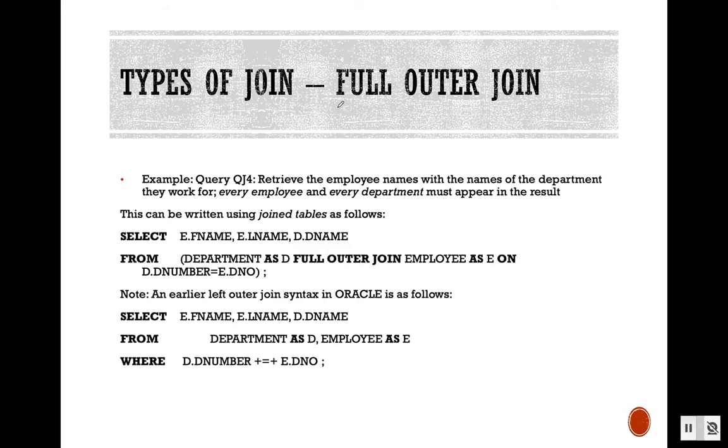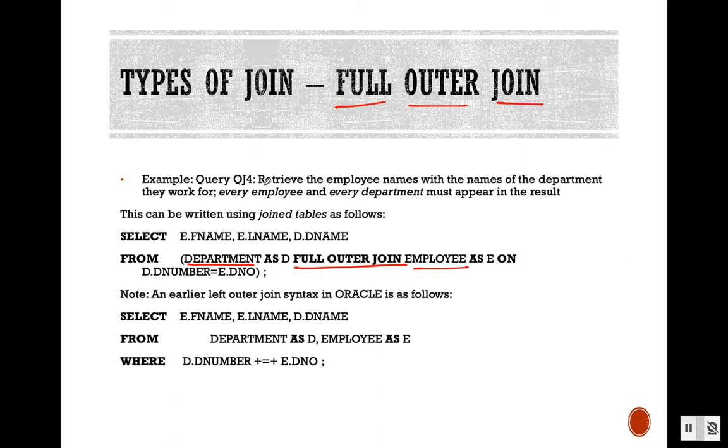Then finally we can have full outer join. Full outer join means we want the records from both tables. A full outer join has a left table and a right table, and we want the result from both tables, whether they have any matching tuples or not.